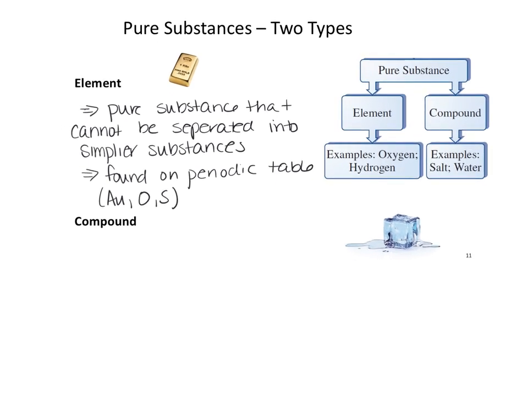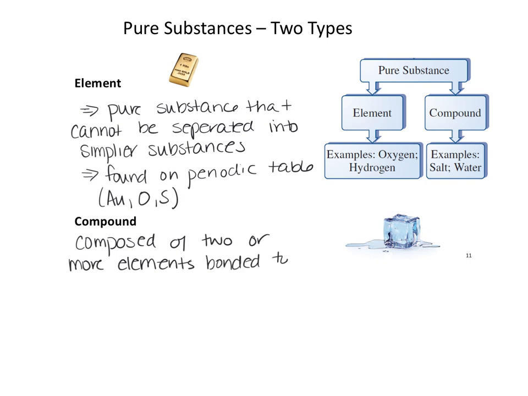Now you can have a compound, and this is a pure substance that's composed of two or more elements that are bonded together in fixed proportions, right?